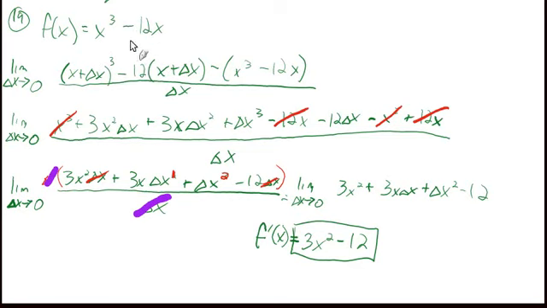So let me rephrase it. Any x value on this graph that you want to know the slope of, you just take that x value, put it into f prime, the derivative, and it tells you the slope. It's quite amazing. That was 19. Let's go with 34.